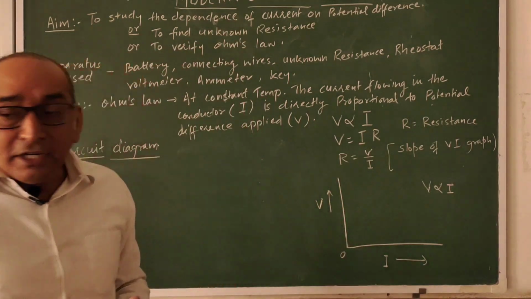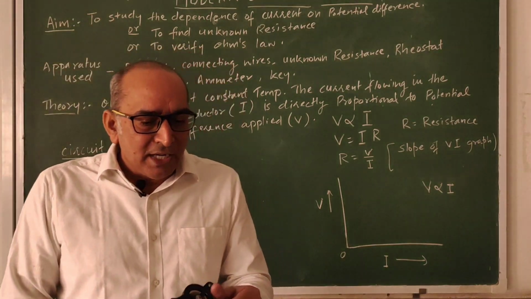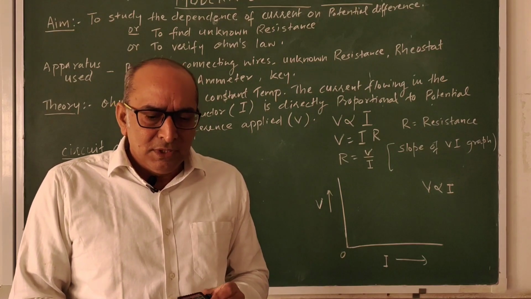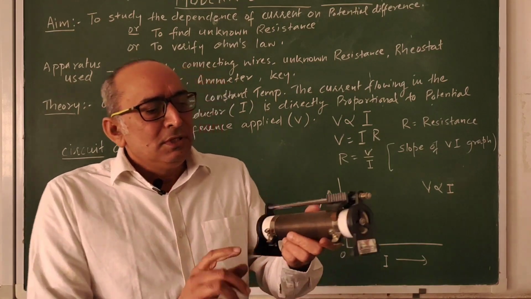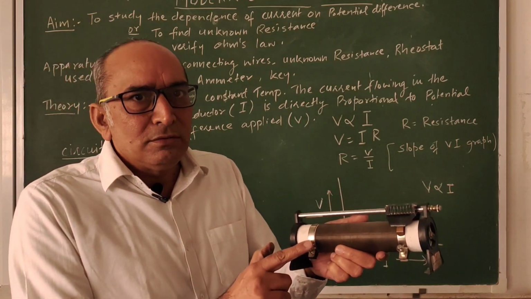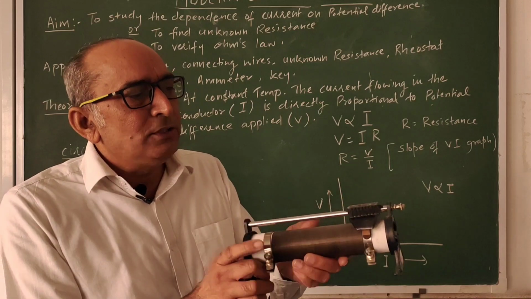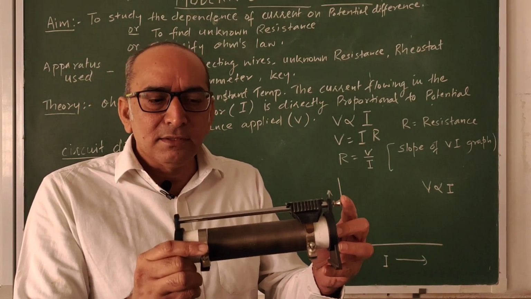The next is rheostat. Rheostat is a device which is also called variable resistor. So this is rheostat. This is its input and this is its output. These two connections are used, this and this, for connecting the wires.